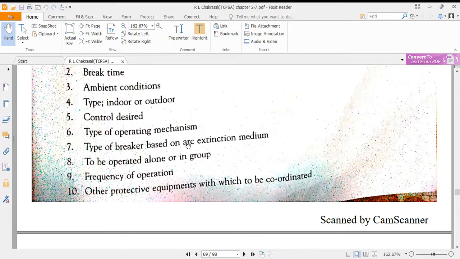Arc extinction medium. What is this? In our previous class, we have discussed what are the different types of arc extinction. First one is the air circuit breaker, natural air.